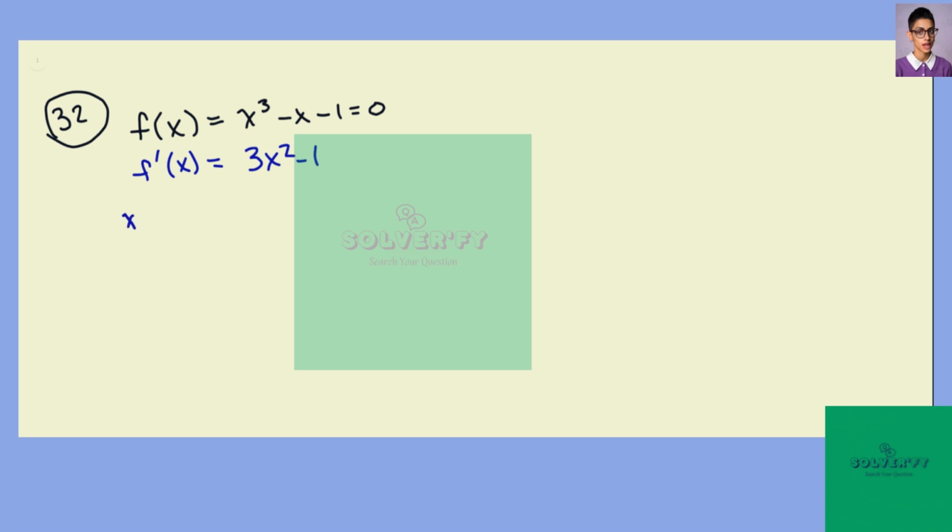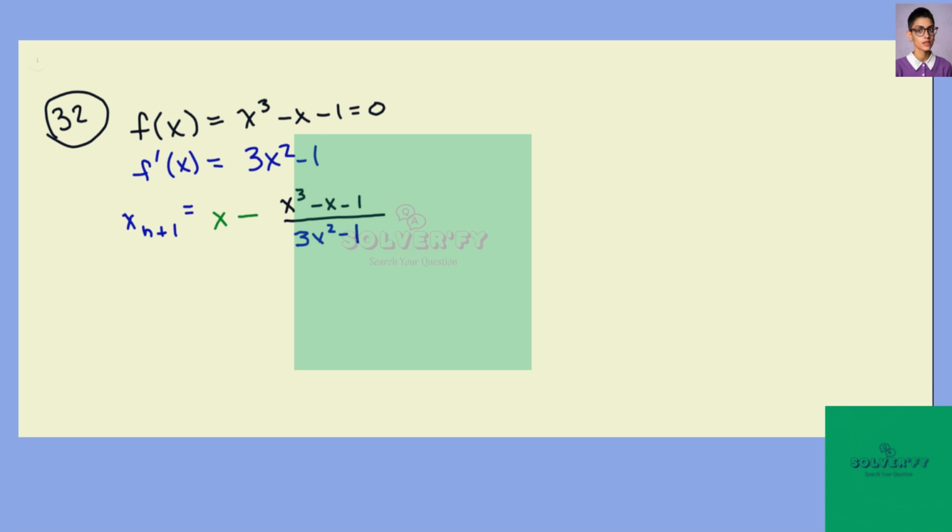So x sub n plus 1 equals x minus x cubed minus x minus 1 over 3x squared minus 1.